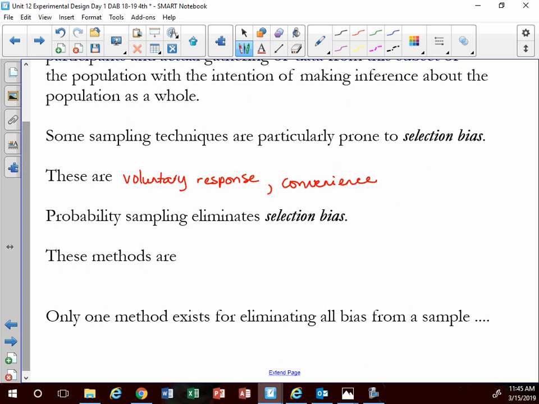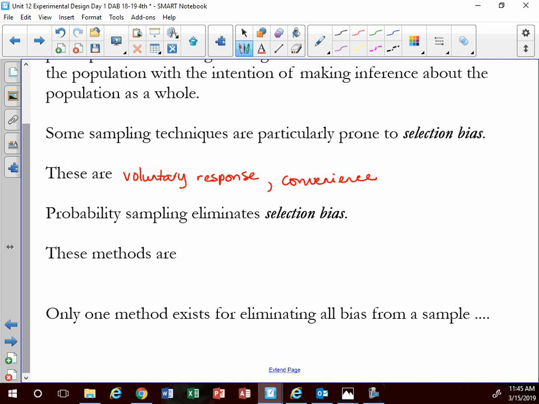Okay, what kinds of sampling methods eliminate selection bias? What do you think? Okay, SRS, yes. What else? Simple random sample and stratified. We don't really call that SRS because SRS always stands for simple random. So then stratified, it just is stratified.